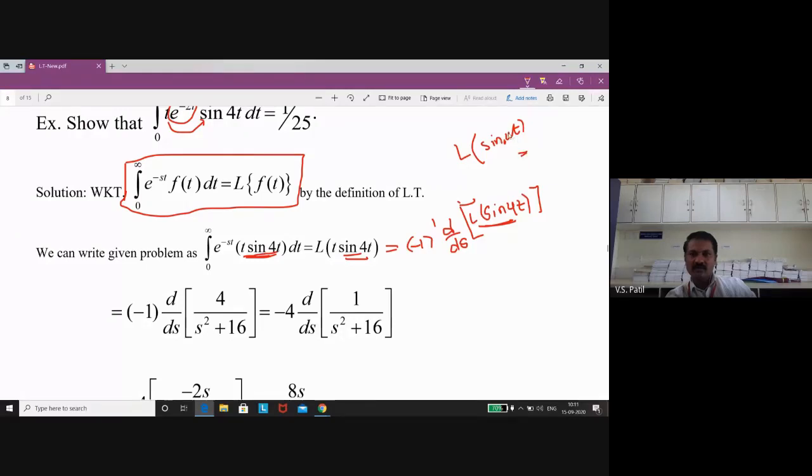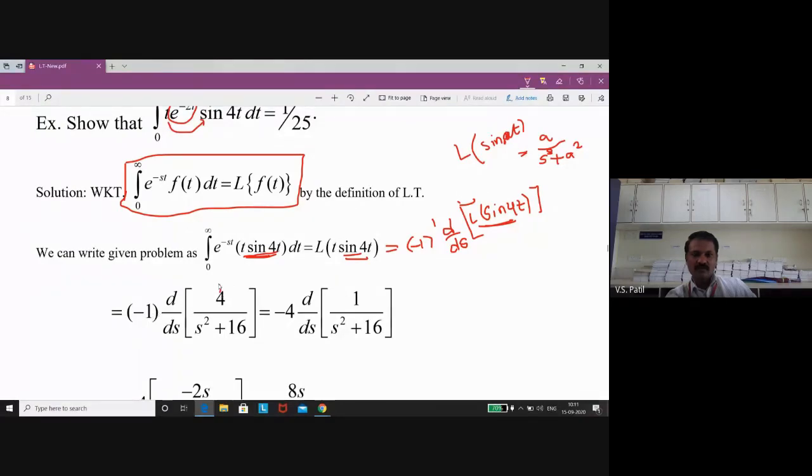This becomes a divided by s square plus a square, which you already know. But in this case, a is equal to 4. So what will you write? 4 divided by s square plus 16. Then minus 1 raised to 1 means the minus sign you have written here. Now you have to differentiate this quantity once.